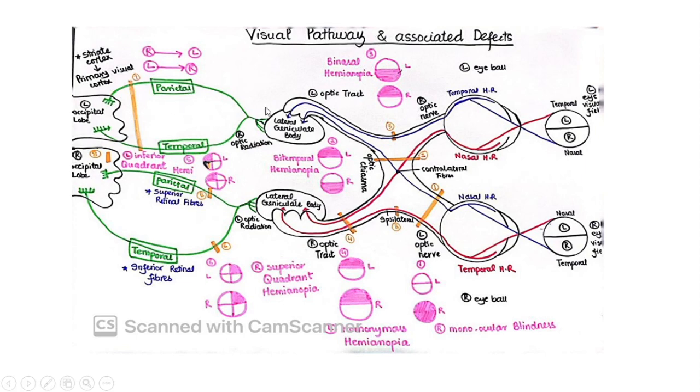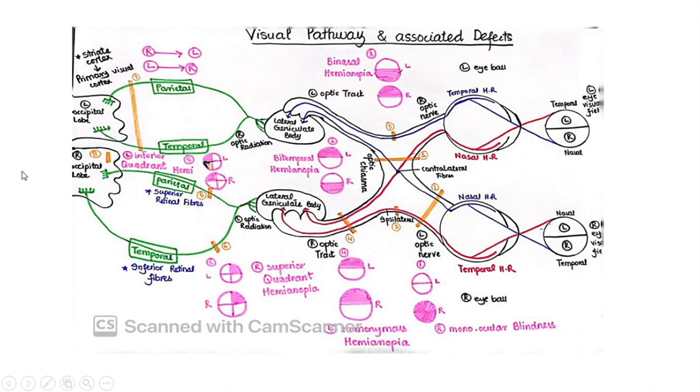So it will be left and the inferior visual field. So this is the left side. Further, we have divided them into superior and inferior. If you see from this side, from your eye side, you can see that this is the visual field: this is your left, this is your right, this is your left, this is your right.